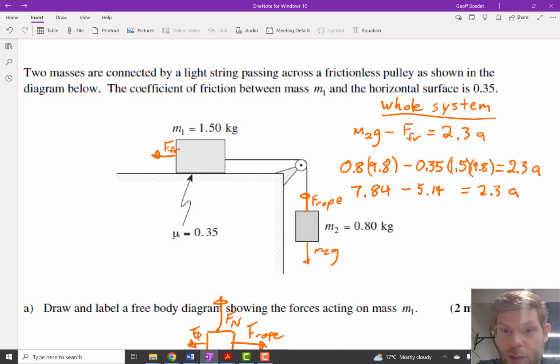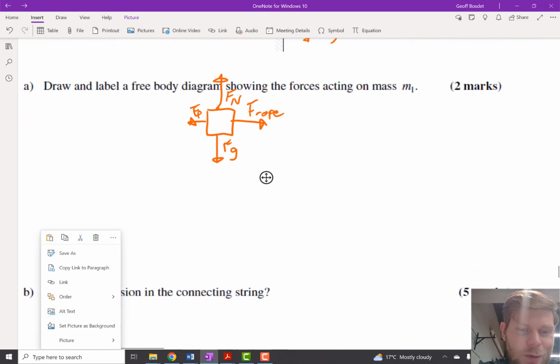If we subtract them, we get 2.7, and that's going to equal 2.3 times A. So A is just 2.7 divided by 2.3, which is about 1.2 meters per second squared. So we found the acceleration, but that's not really what we want, right?